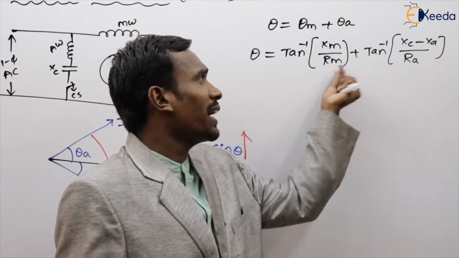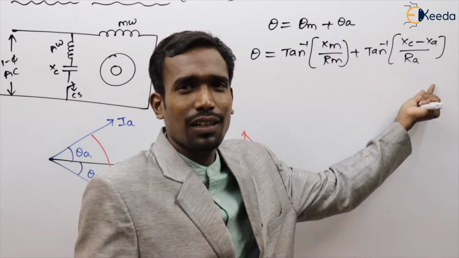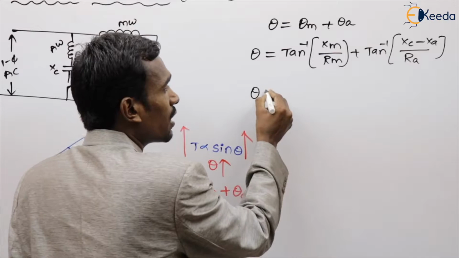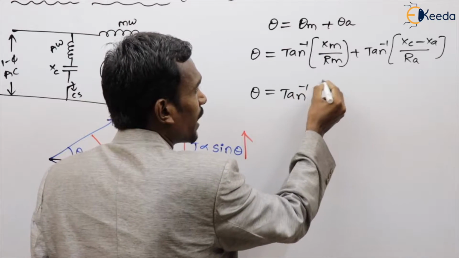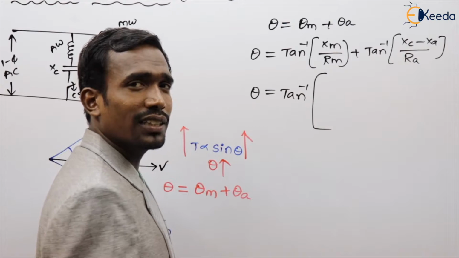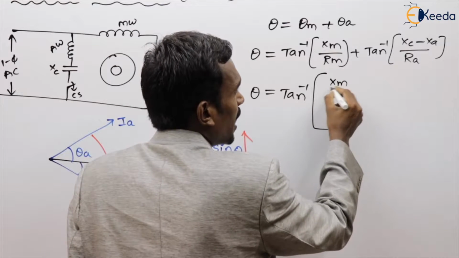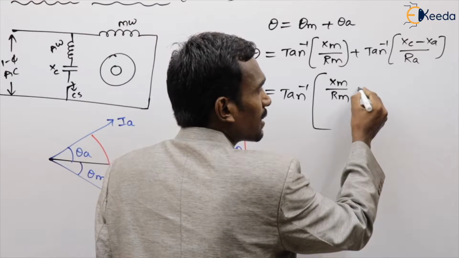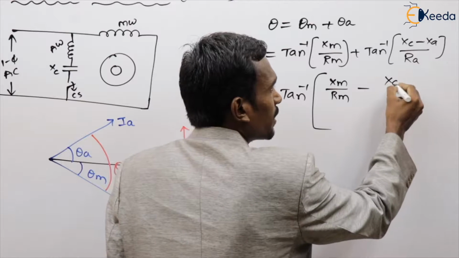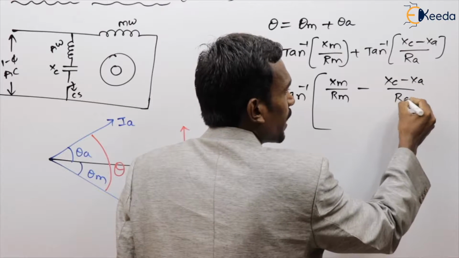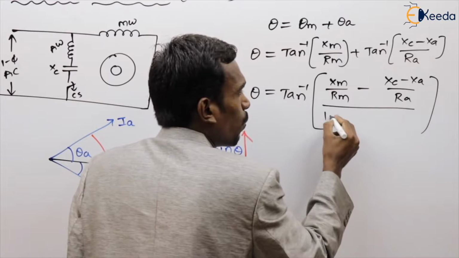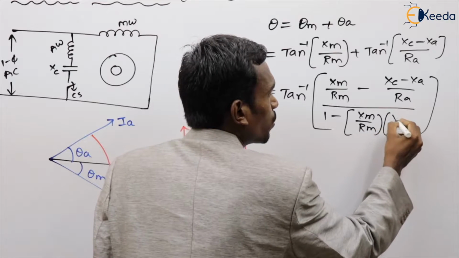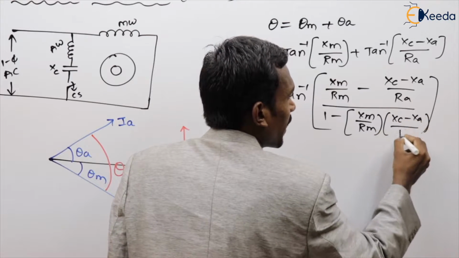Theta is equal to tan inverse of A plus tan inverse of B. How can we simplify this equation? Then theta is equal to tan inverse of (A plus B) by (1 minus AB), that is, (Xm by Rm plus (Xc minus Xa) by Ra) divided by (1 minus Xm by Rm into (Xc minus Xa) by Ra).